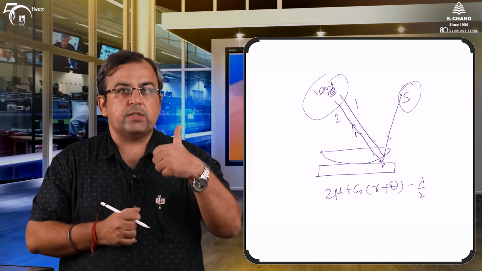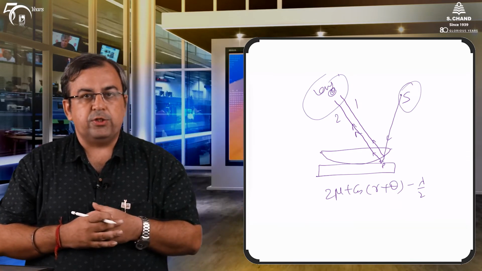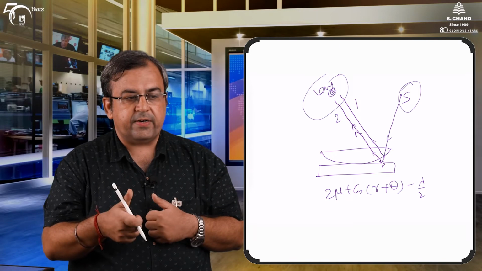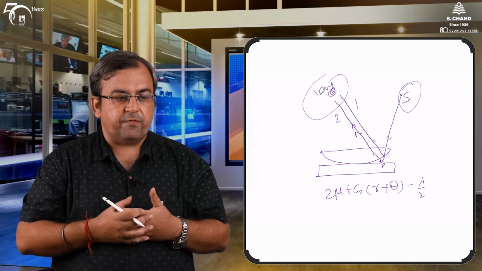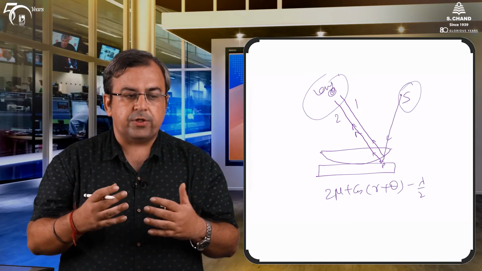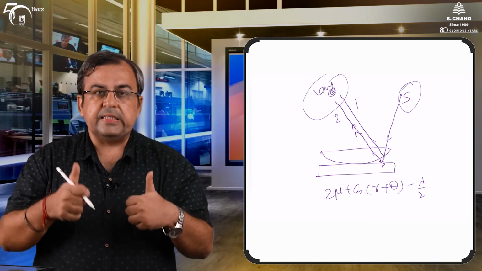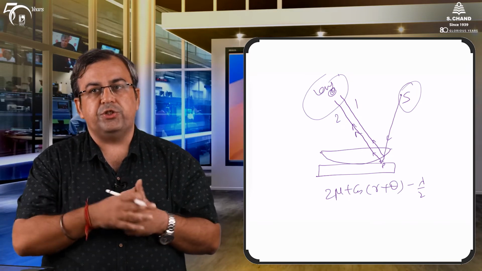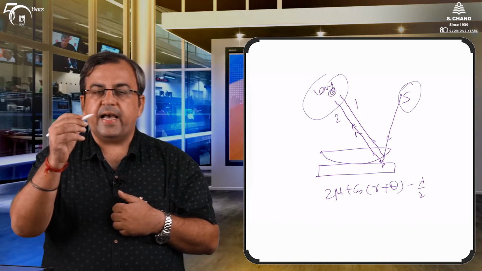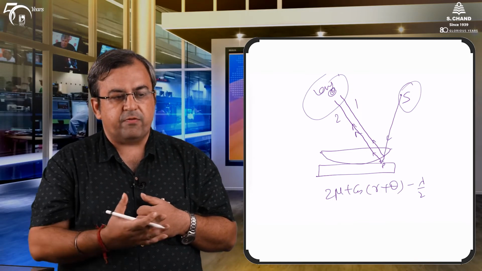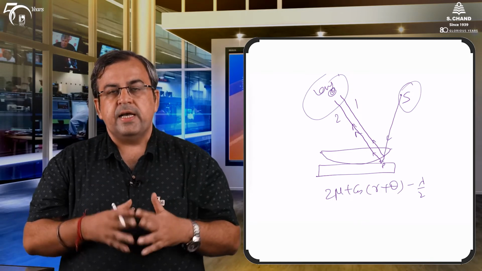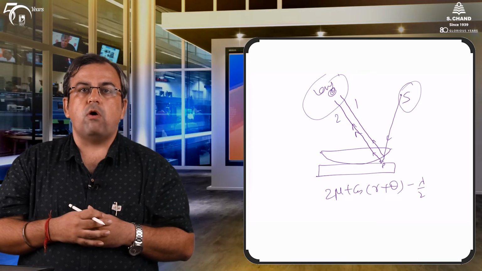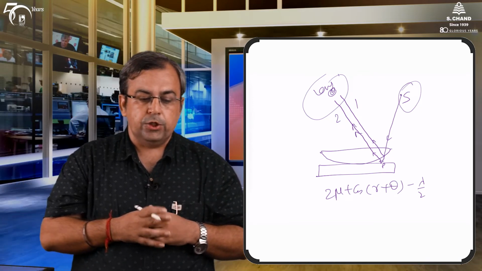And what was what? Mu is the refractive index, t is the thickness of the film, r is the angle of refraction, and theta is the angle of the wedge-shaped film, right? So theta is the angle of wedge, r is the angle of refraction, t is the thickness, and the path difference is 2 mu t cos(r + theta) minus lambda by 2.